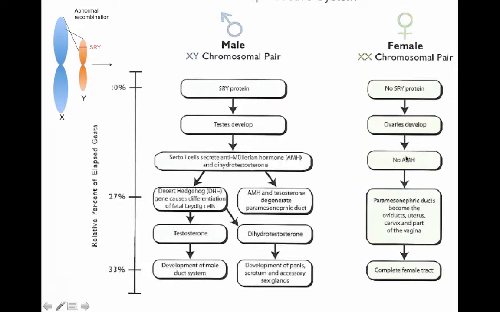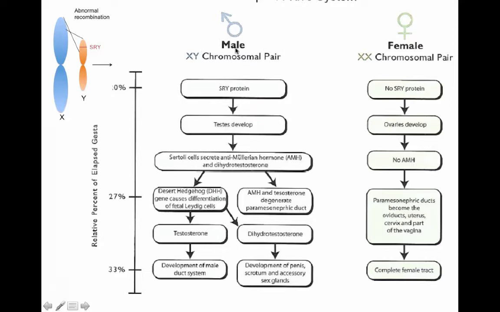There's not going to be any anti-Müllerian hormone, or AMH, produced. Therefore, the female reproductive tract begins to develop. So we'll get the oviducts, the uterus, the cervix, and the vagina. And so eventually that XX genotype will completely turn into the female tract.